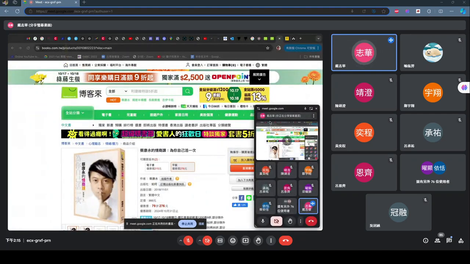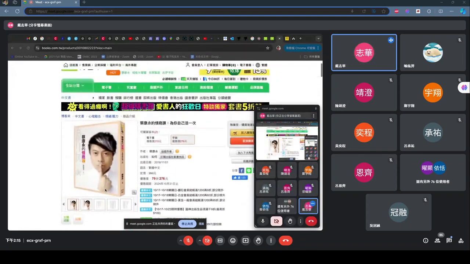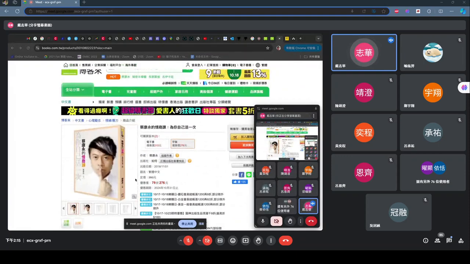See? Okay, this is a famous person in Taiwan, Cai Kangyou. A famous person.